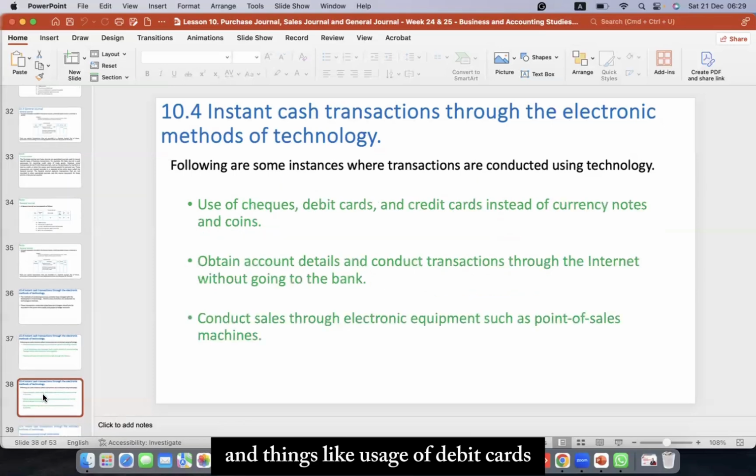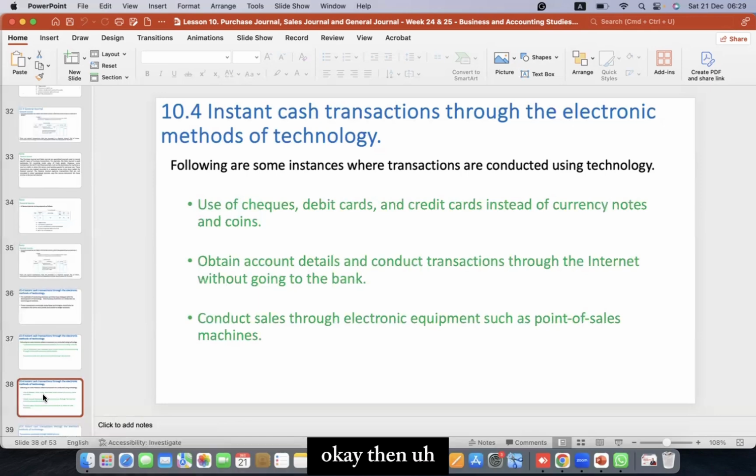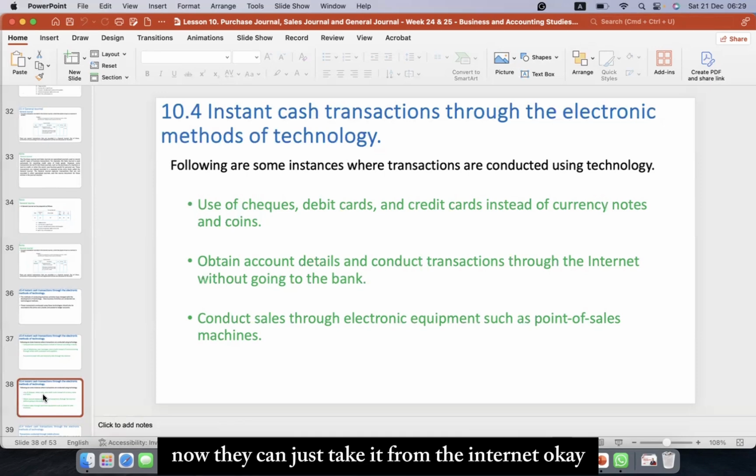And usage of debit cards, credit cards over currency notes. Earlier people used currency notes, but now they can simply swipe their card and make the payments. Then to obtain the account details, they don't have to go to their banks now. They can just take it from the internet.